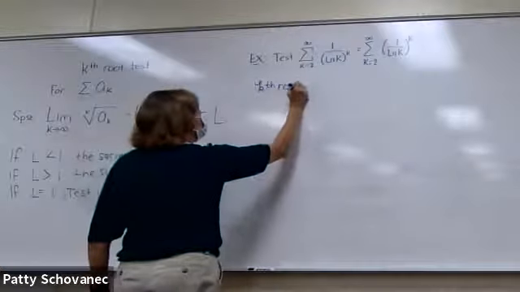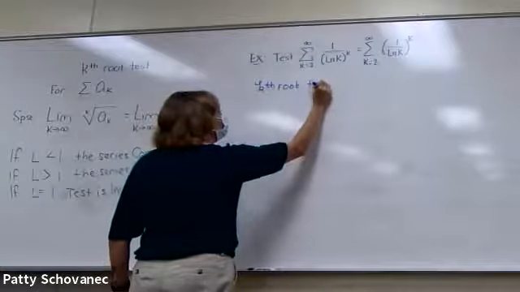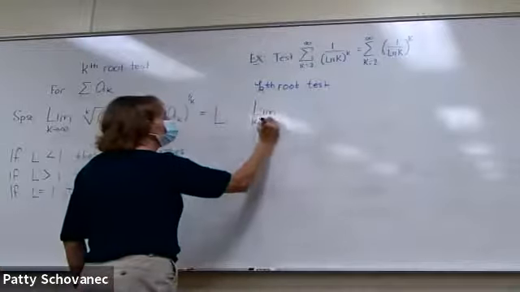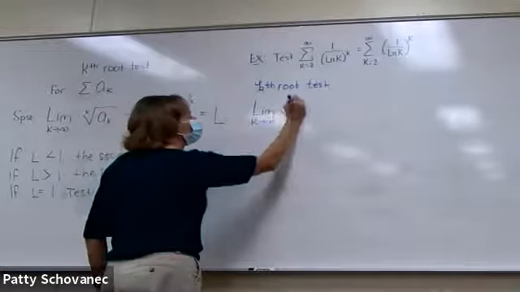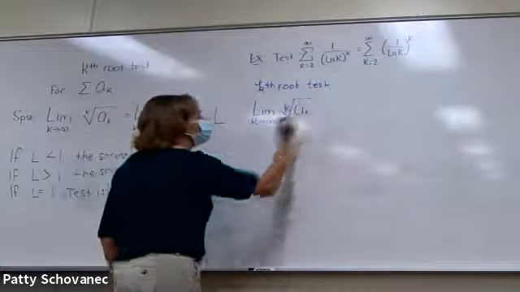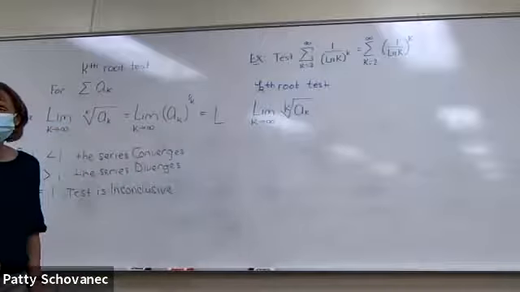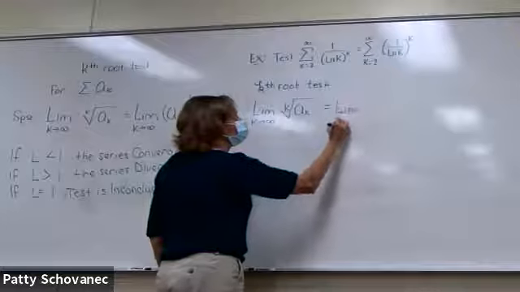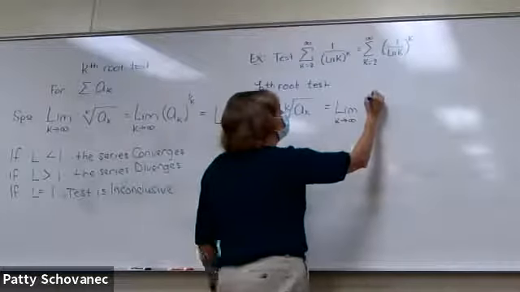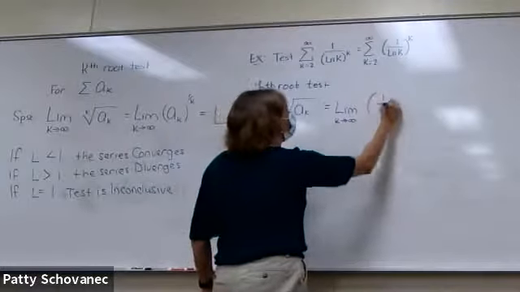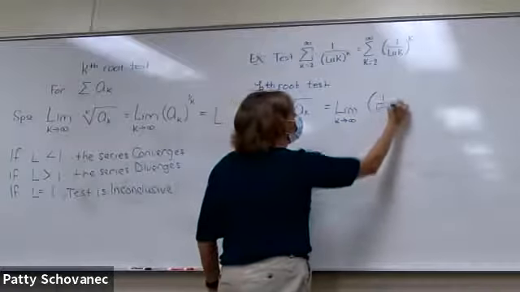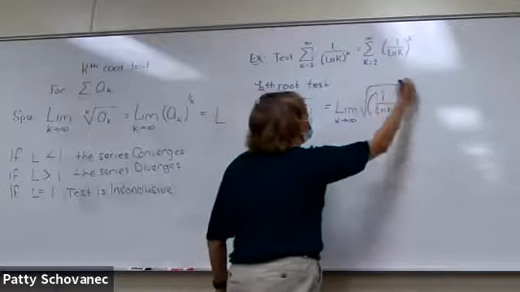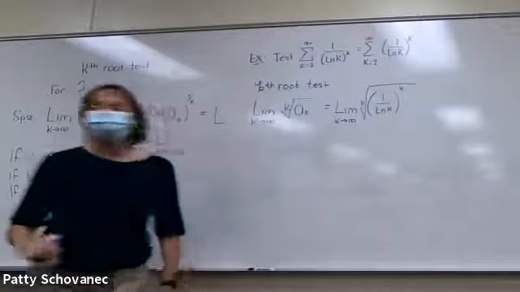And it almost takes longer to write than to do. I'm going to take the limit as k goes to infinity of the kth root of that general term. So I'm taking the limit as k goes to infinity of 1 over the natural log of k to the kth power, to the kth root.